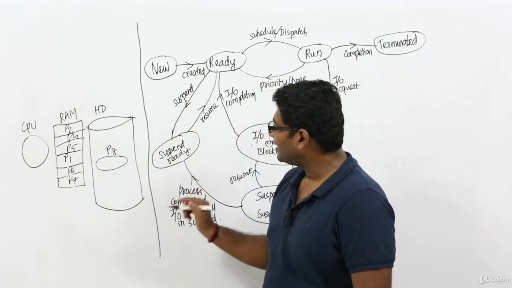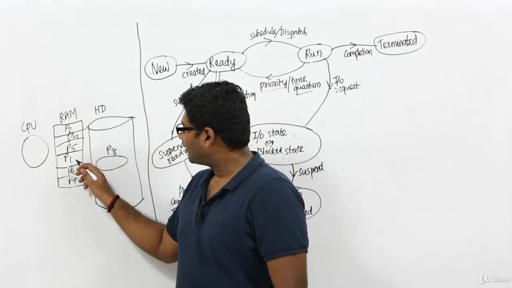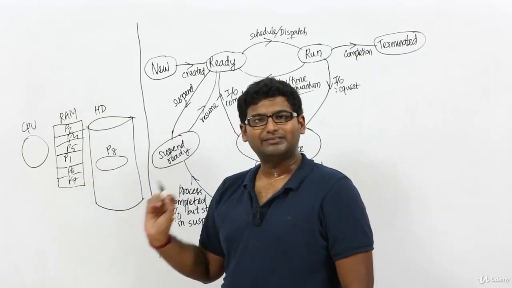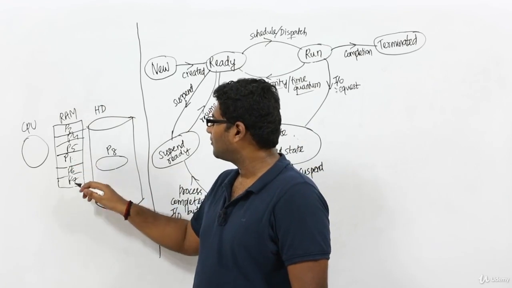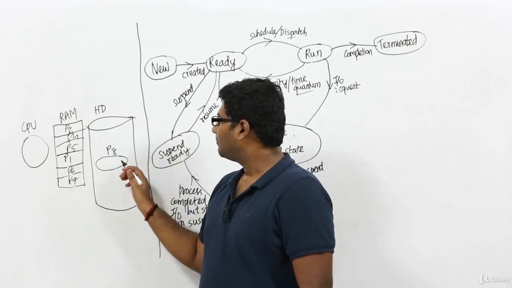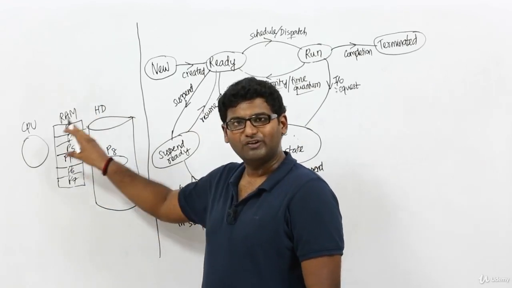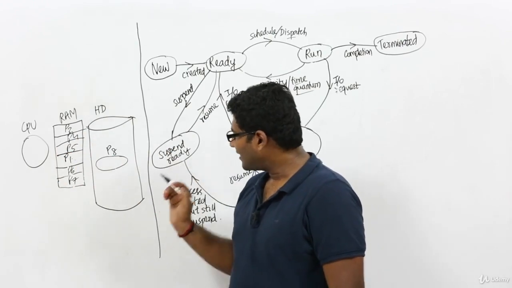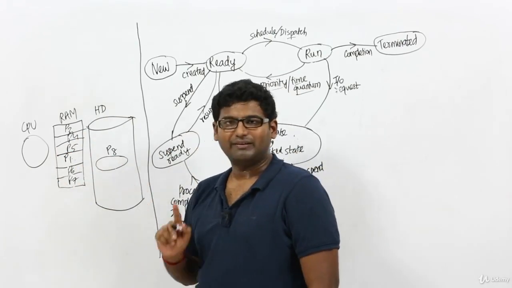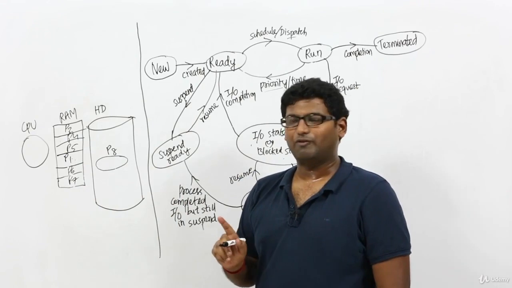Now let us assume our medium term scheduler has decided that P1 is the process which has to be moved from RAM to hard disk because P8 needs to move into the RAM. This process P1 is in ready state, that is definitely for sure.